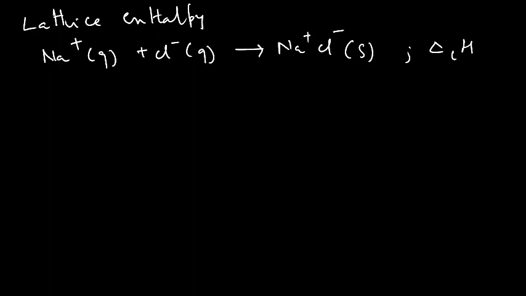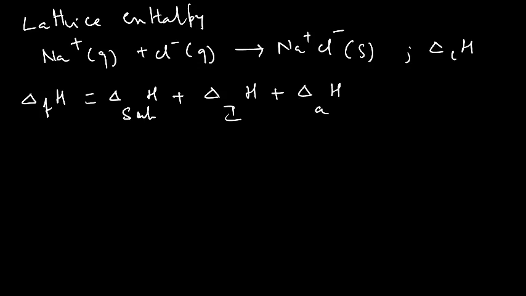Now as per Hess law of constant heat summation, we can add all the enthalpy changes discussed just now. So enthalpy of formation is equal to enthalpy of sublimation plus enthalpy of ionization plus enthalpy of atomization plus electron gain enthalpy plus lattice enthalpy.